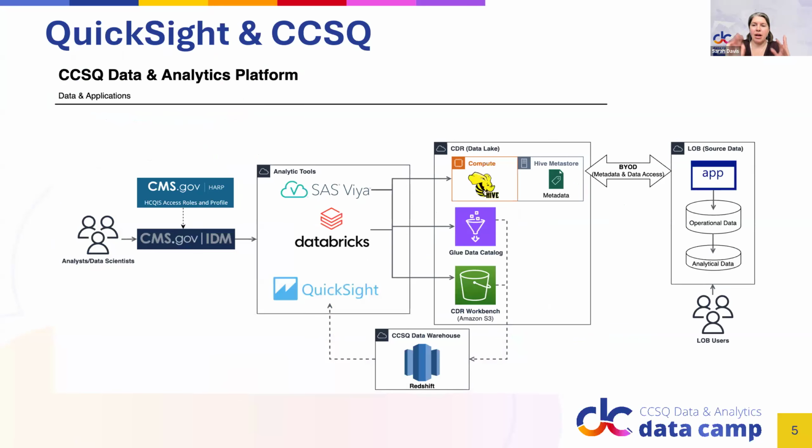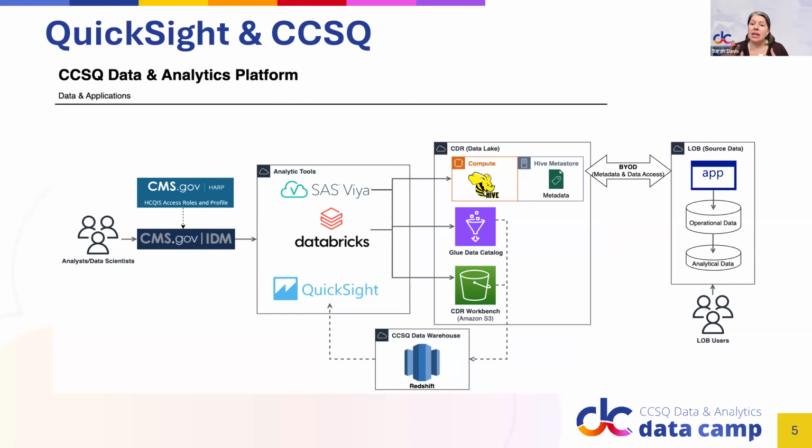I'm a very visual person, so I always like to see where I am, what's around me. So this is just a diagram of what the data process is. As a user, you log in, you can get access to the various analytic tools within CCSQ, QuickSight being one of them.